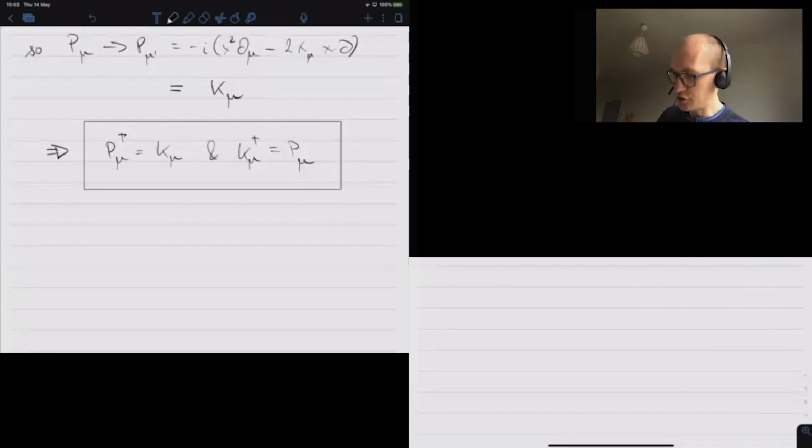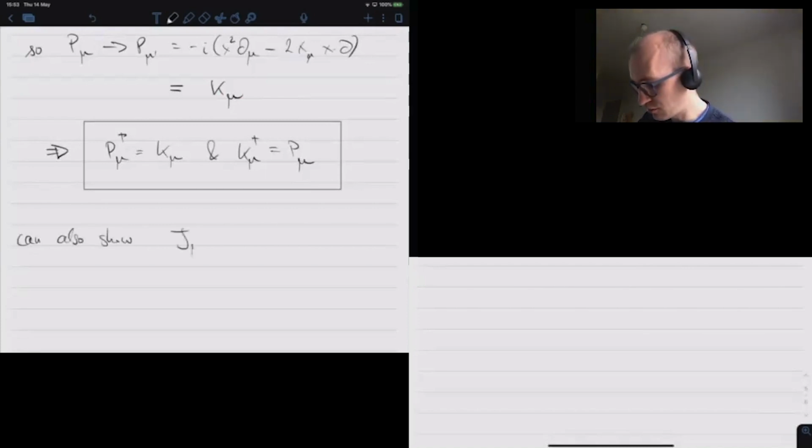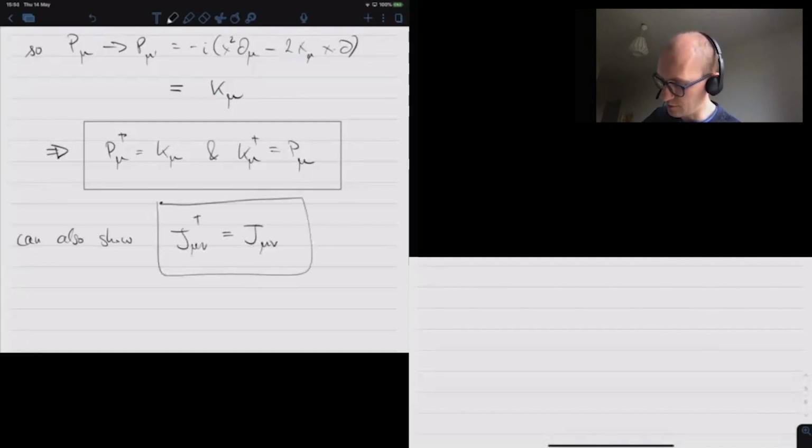In similar fashion, one can actually show that J mu nu dagger is J mu nu. This is quite nice. I think that's also on the problem set.